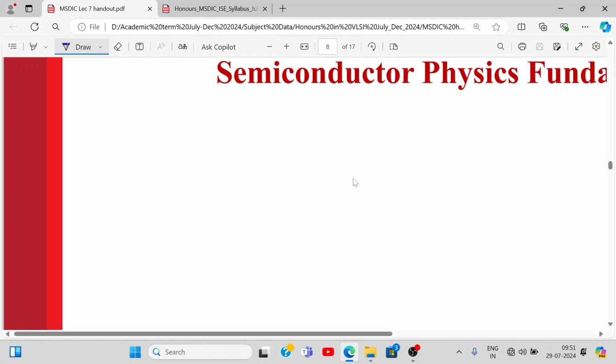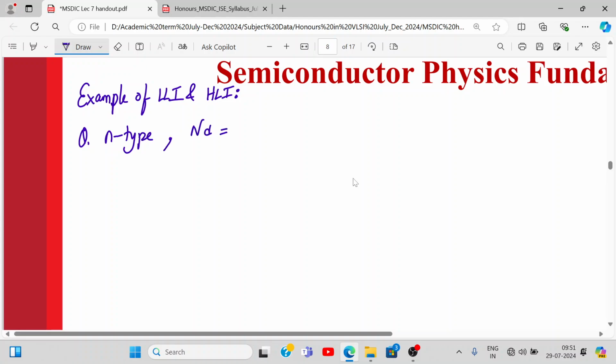Now let's take an example of low level injection and high level injection. So the question is, we have an n-type semiconductor where Nd, the donor concentration, is given as 10 raised to 15.